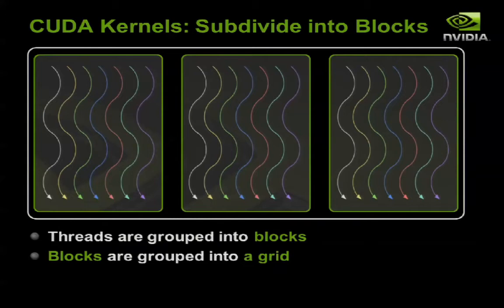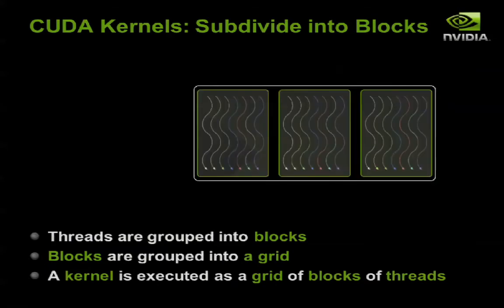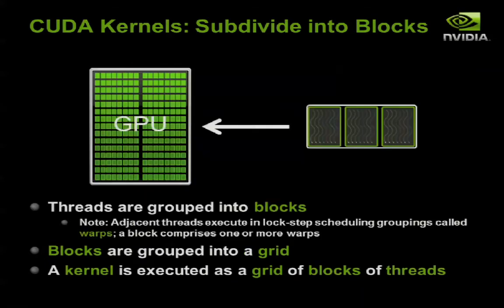Sorry for all these words, but it's important that you get used to this CUDA lingo. So basically, a kernel that executes on the GPU is executed as a grid of blocks of threads. You just get used to that.